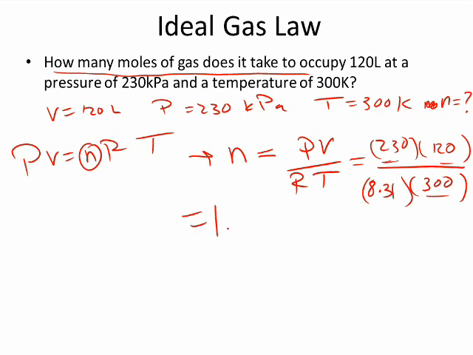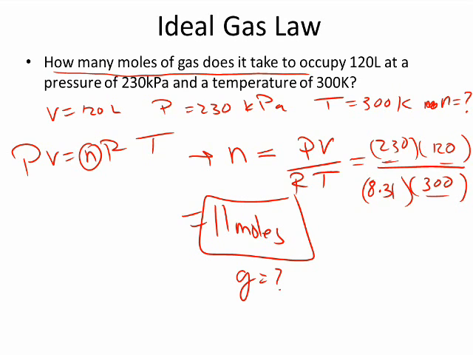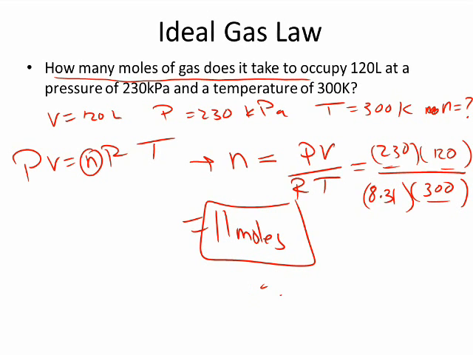That equals 11 moles. Now we don't know what the gas is, but we might be called upon to calculate the grams, and we'd have to know what the element is. We also might have to calculate how many particles that is, but we should know how to do that, going from moles of anything to grams or particles of anything.